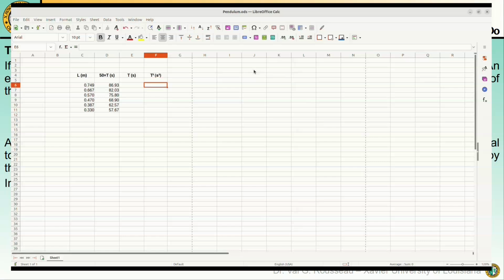Next, we ask the software to take the values of the second column and divide them by 50. Likewise, we ask the software to take the square of the values of the third column.